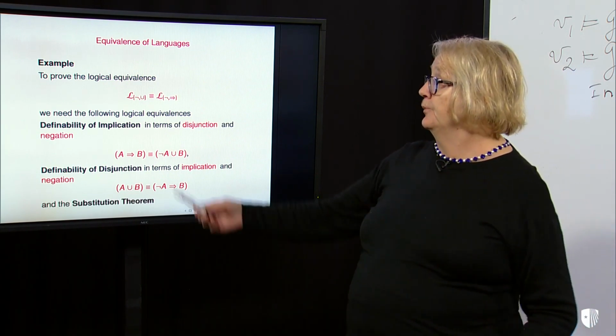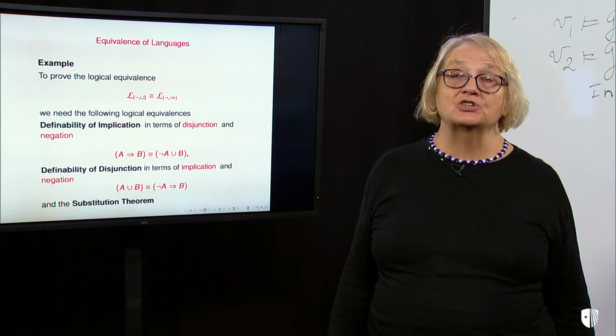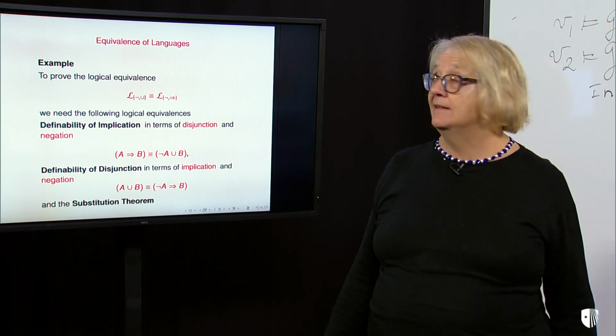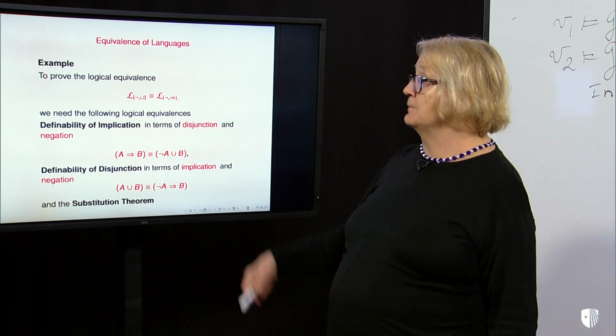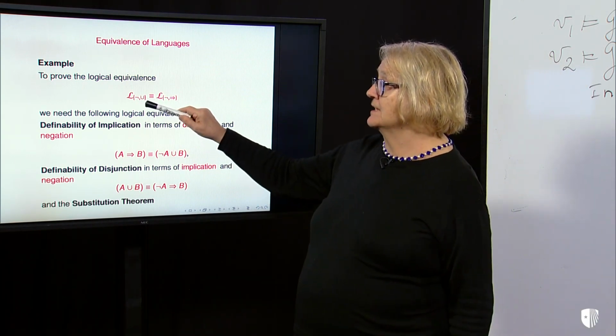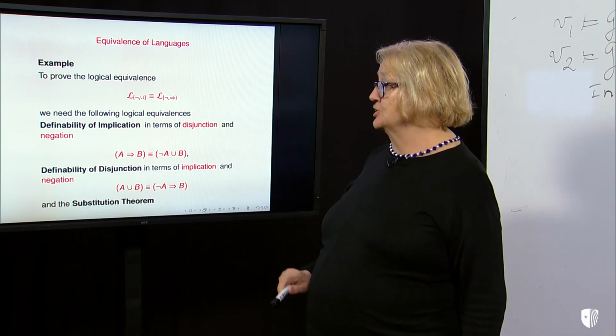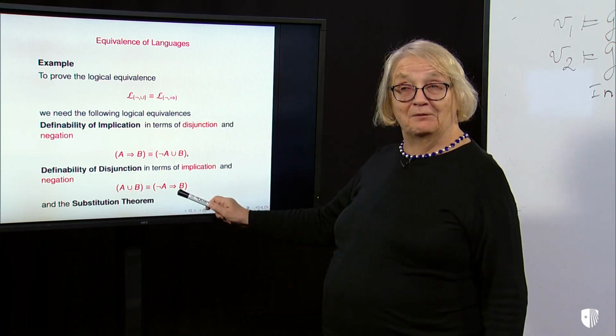So, for example, prove that the language which has negation and disjunction is logically equivalent to the language with negation and implication. What does it mean? You have to replace in any formula disjunction by implication.